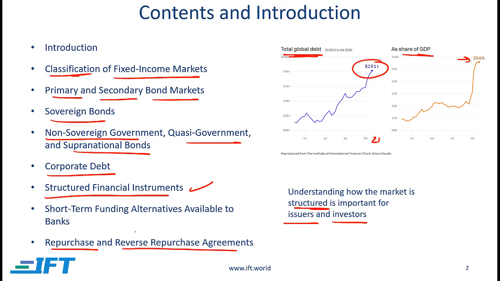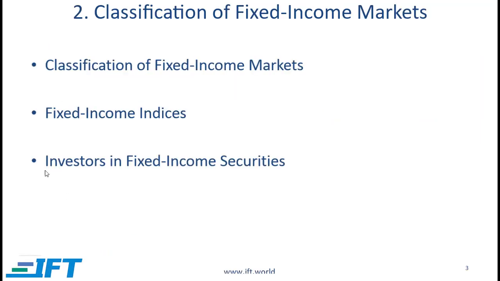And the term commonly used here is repos and reverse repos. Section 2 has 3 subsections: the classification of fixed income markets, a few words on fixed income indices, and the sorts of investors who invest in fixed income securities.